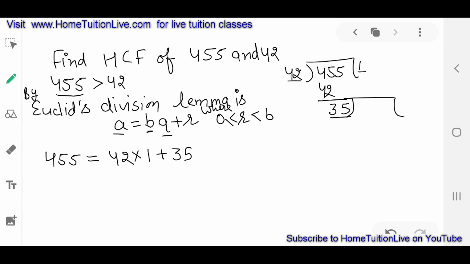Now in the next step, this is the main step, or you can say this is the method, how to find the HCF using Euclid division.